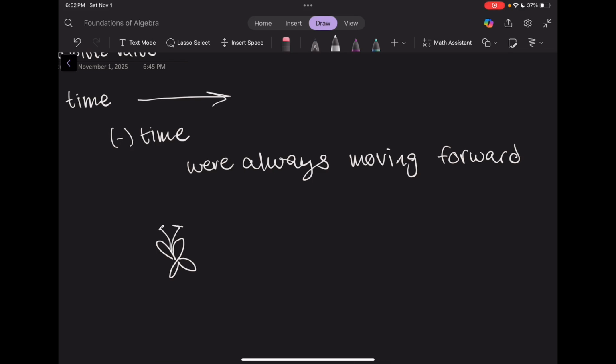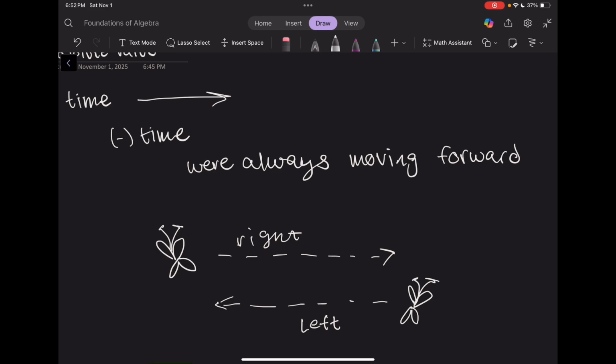imagine you're a little butterfly and you're flying towards this direction, which is right. But there's another butterfly who's flying in this direction, which is left.